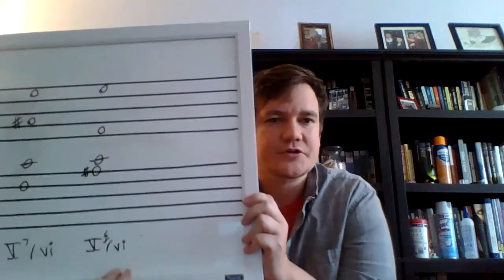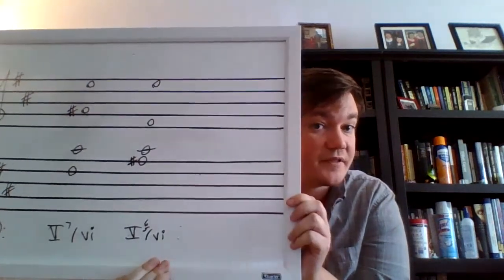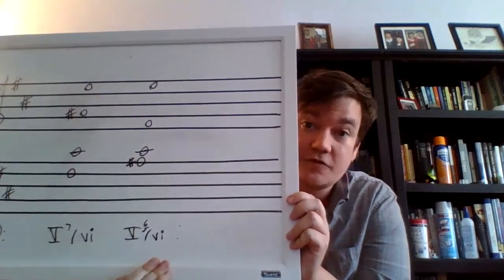So we're just going to shuffle this around. A sharp, C, F sharp, E. So there's our 6-5. We got our 3rd in the bass, and we're shuffling everything else around. That's our first inversion.